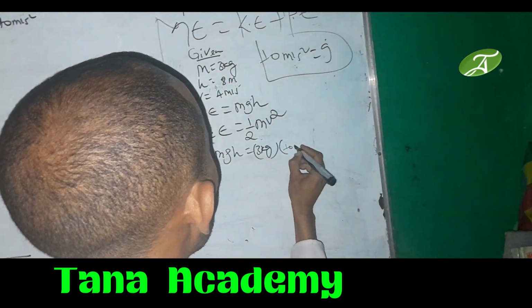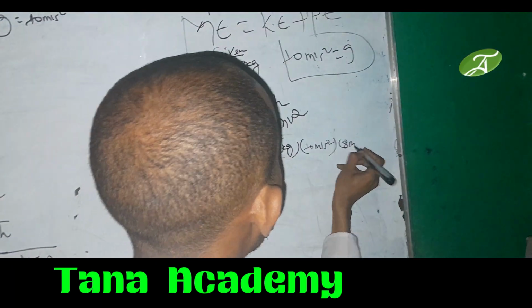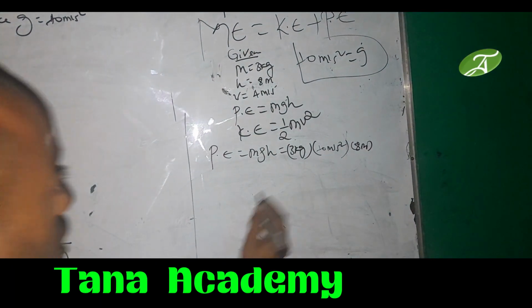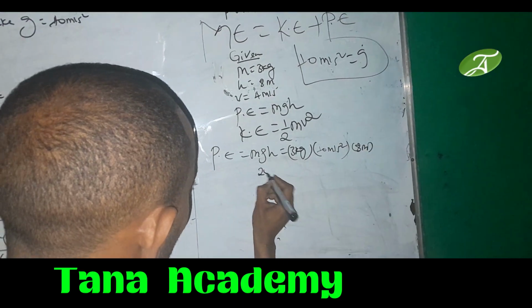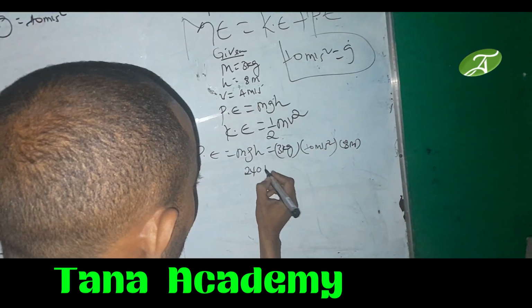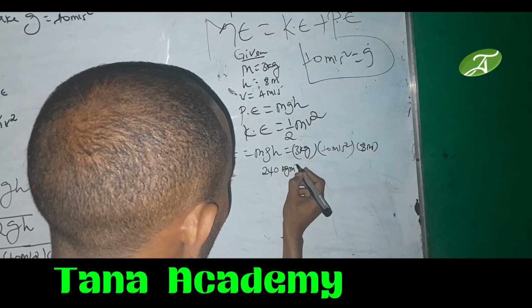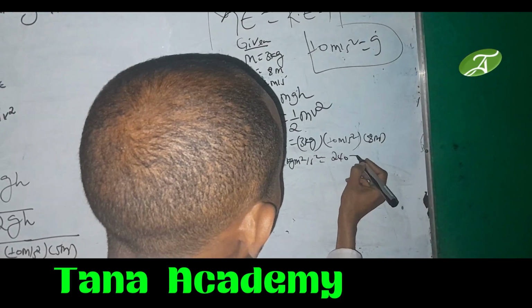Height is 8 meters. 3 times 8 times 10: 3 times 8 is 24, and 24 times 10 is 240 joule.